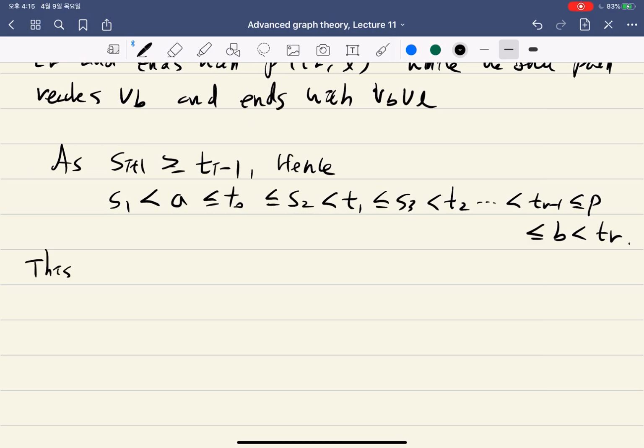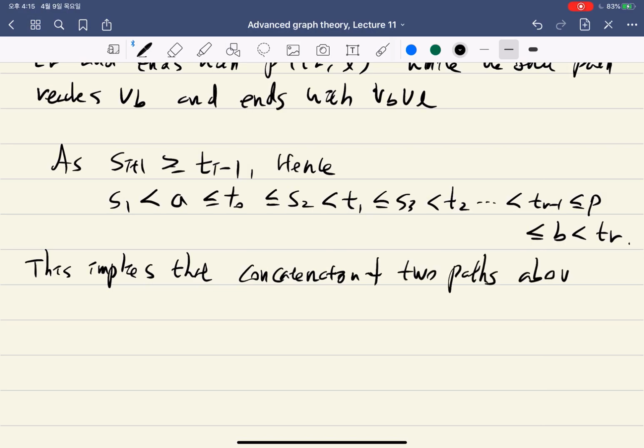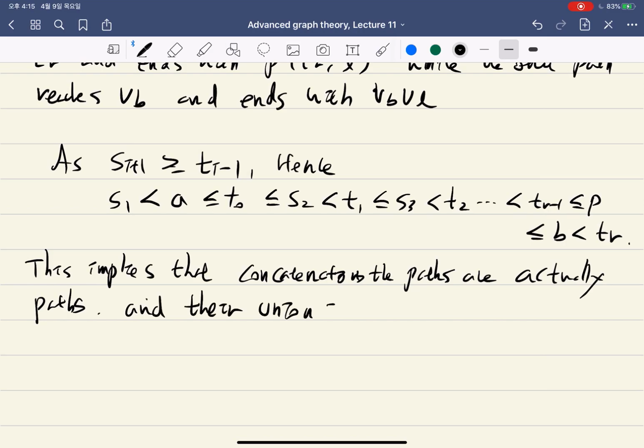So this implies that the concatenation of the two paths above are actually paths. The concatenation of the paths is a path. And their union is a cycle.